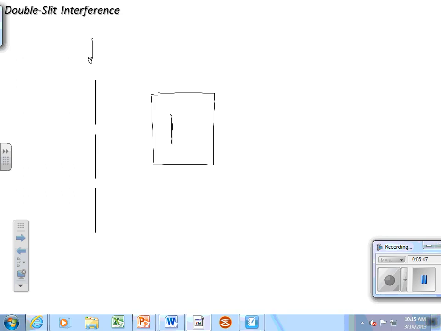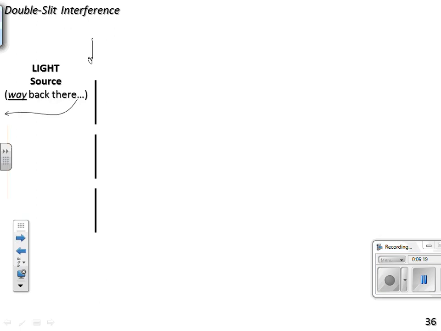Here's one of these slits right there, and here's the other one right there. So we're looking at a top view down on these slits. If we take a source of light, like perhaps a laser, and we shine it at these slits from somewhere way back there, the light hits these slits.